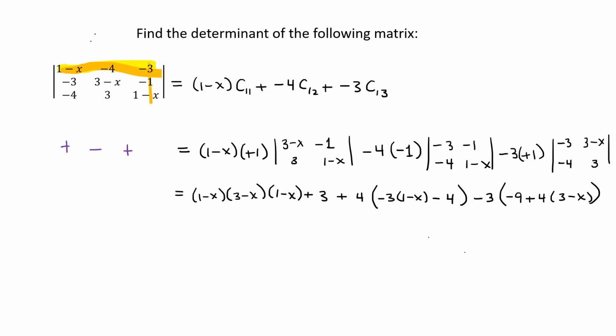We could simplify this down a little bit further. Barring arithmetic mistakes, I got negative x cubed plus 5x squared plus 17x minus 33.